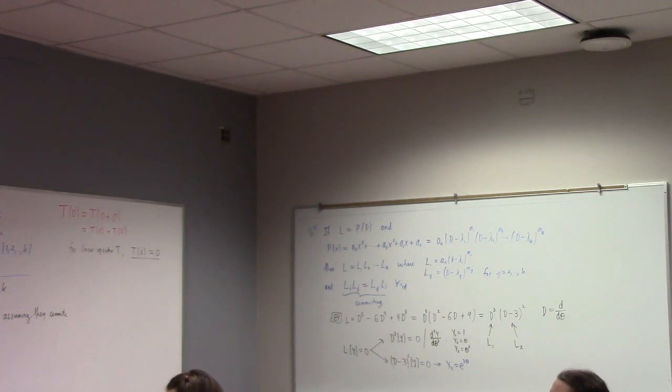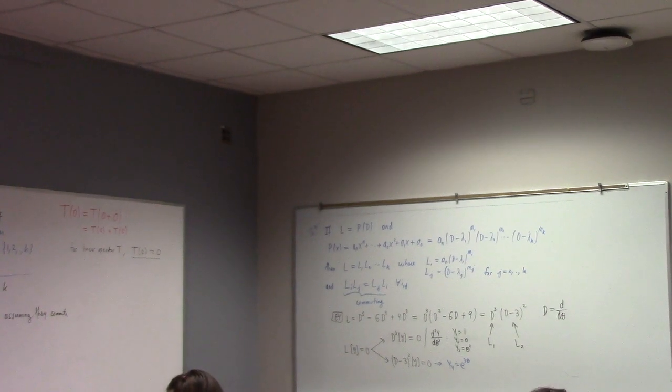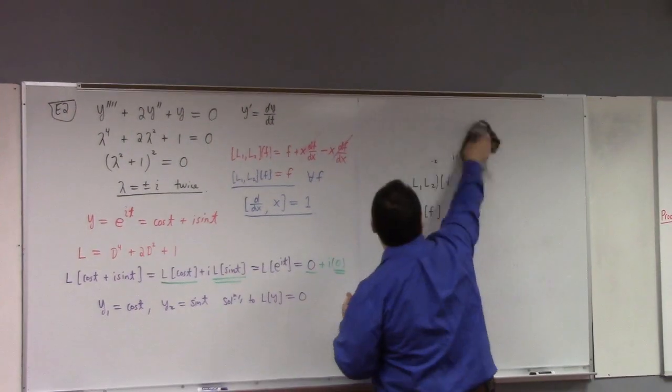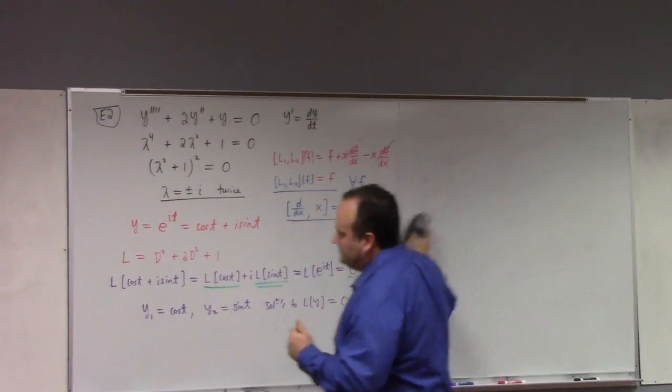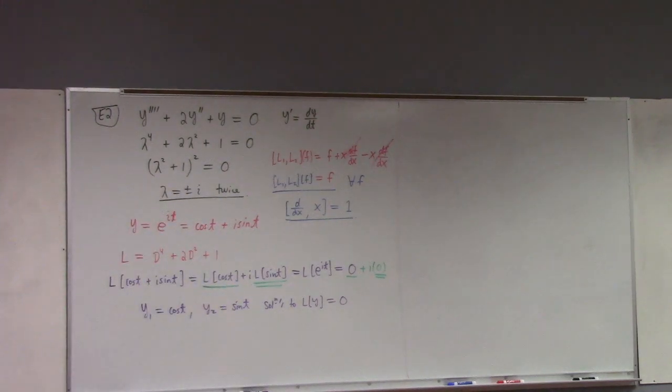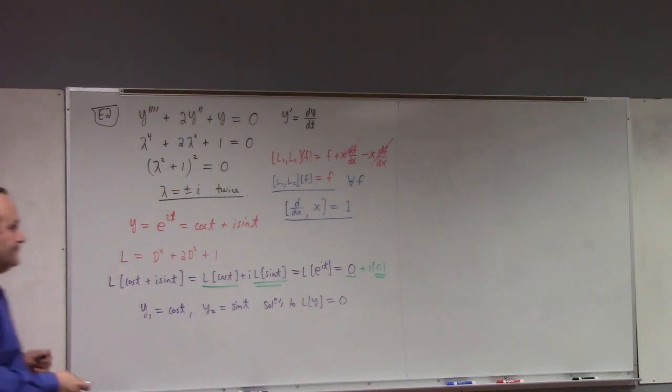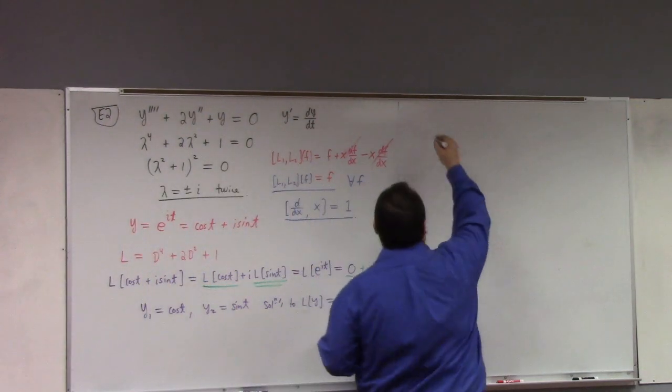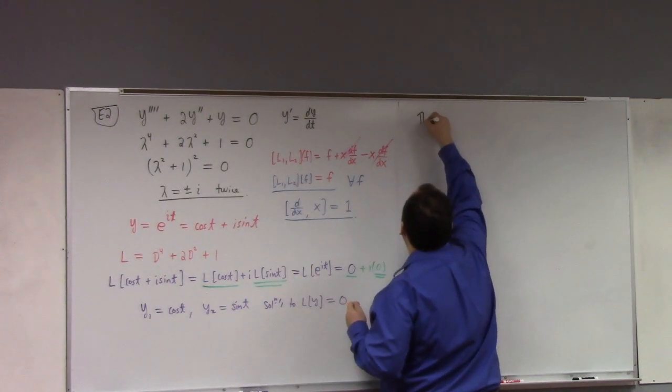I need a spot to do it. This looks like a good spot. And to do this, we're actually going to go back to the first part of the course. So here we go. I'll just state it as a theorem.